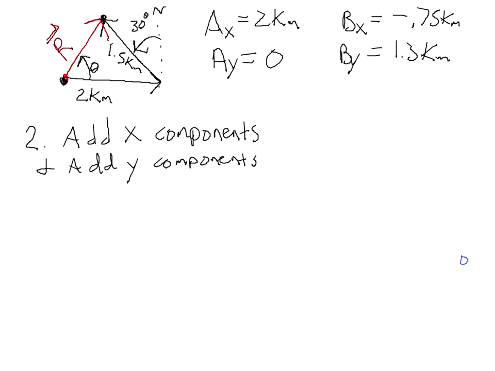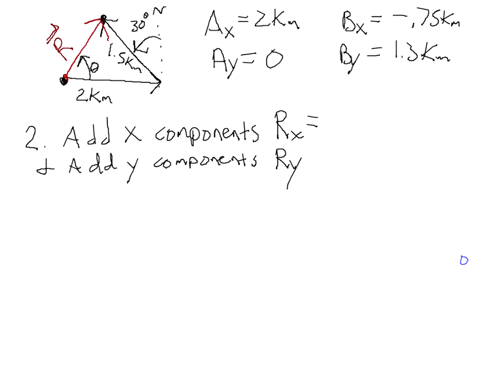When you add the x components, what you end up with is the x component of the resultant. And when you add the y components, you end up with the y component of the resultant.